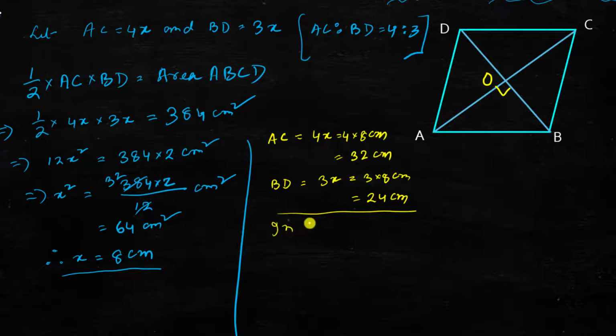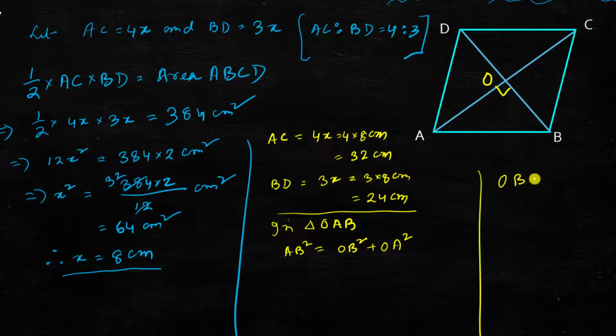So in triangle OAB, AB square, which is the hypotenuse, is equal to OB square plus OA square. OB is equal to half of BD and this is equal to 12 centimeter. Again OA is equal to half of AC and this is equal to 16 centimeter.